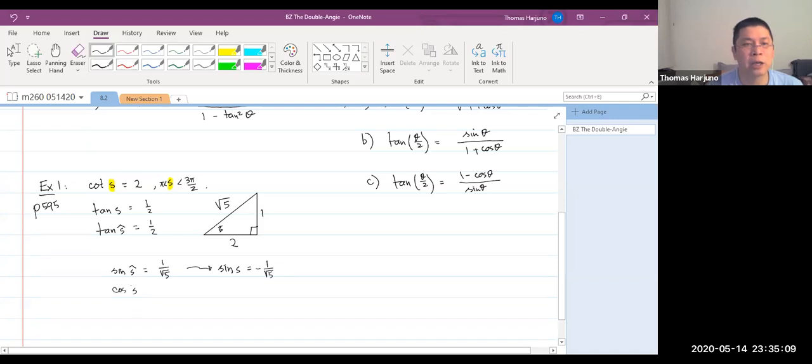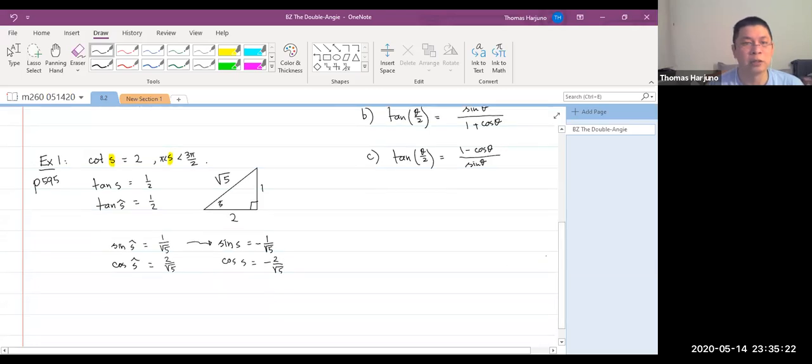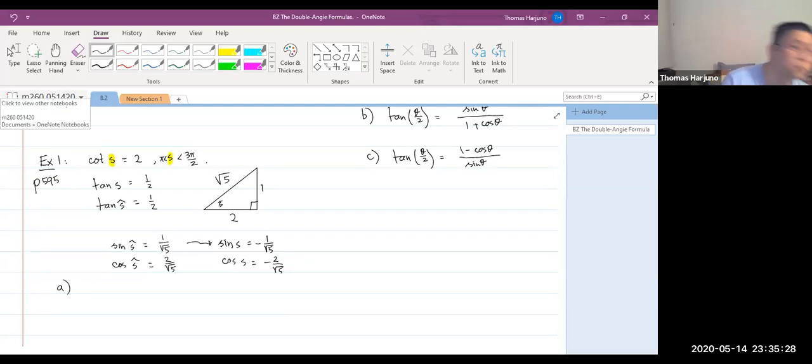Cosine S hat is 2 over radical 5, so cosine S will be negative 2 over radical 5. Again, because it is in quadrant 3. Now the tangent, we already have them.